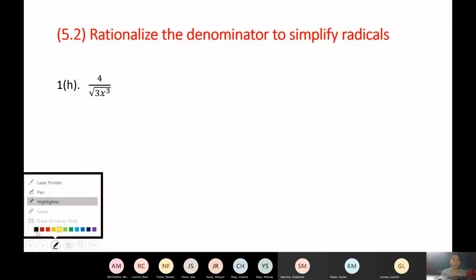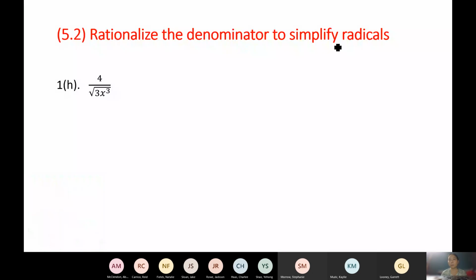We still want to simplify the radicals, but one of the rules of a simplest form of a radical is no radical in the denominator. Secondly, you cannot have 2 copies. So there are 2 ways to do this. The way I usually prefer is to simplify the radical first, because x to the third actually contains x, x, x.